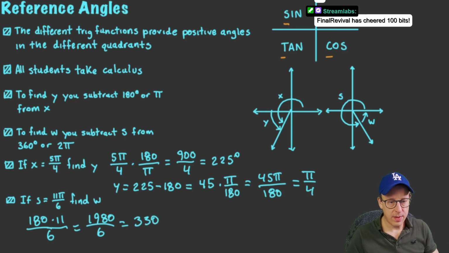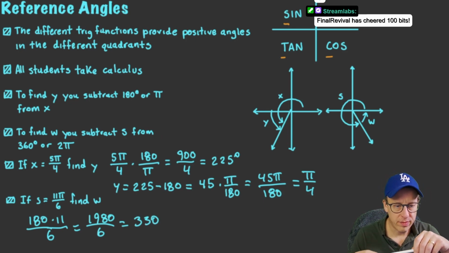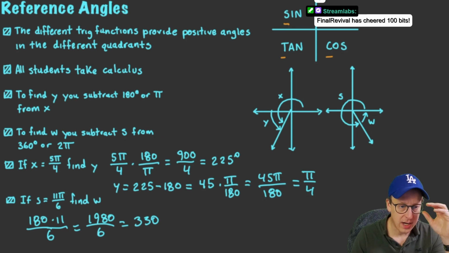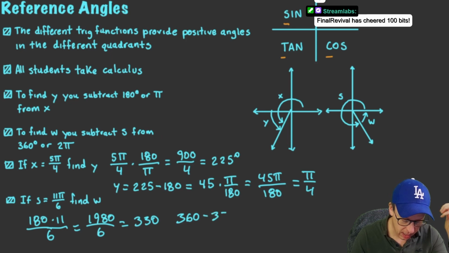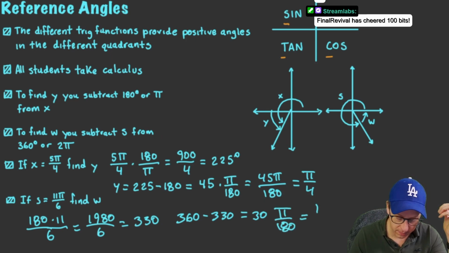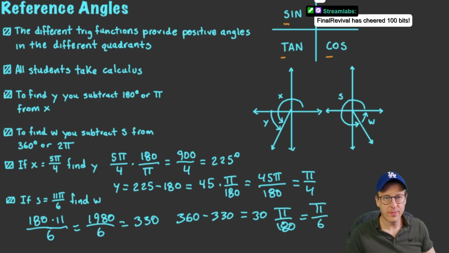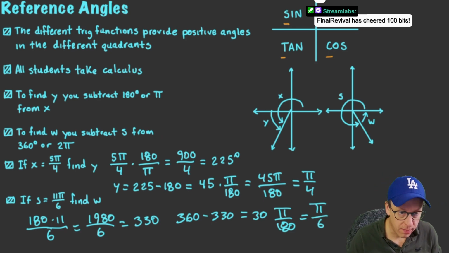All right, and I think you get the gist of then subtracting from 360. Well, I'll do it anyway. 360 minus 330, which is, of course, equal to 30, multiplied times pi over 180, which is going to end up giving us a value of pi over 6. All right, there you go. Work through all of those problems.